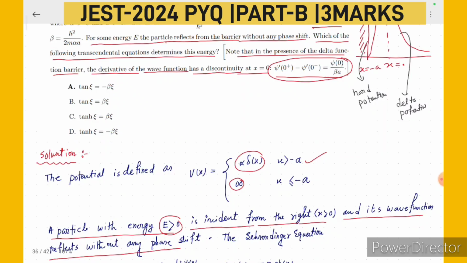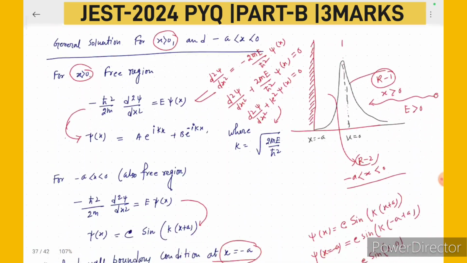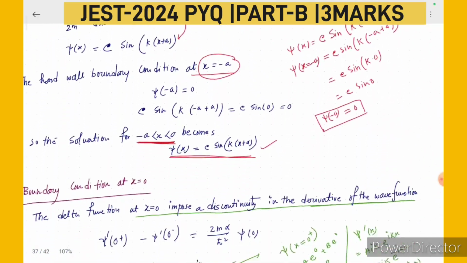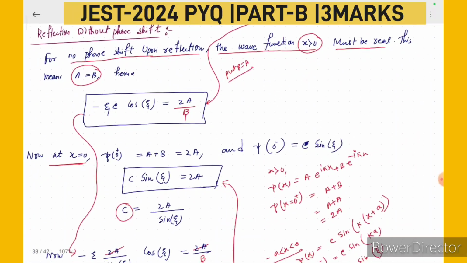We use these two boundary conditions and finally find the solution. So please note down the question in a proper way. Each and every solution is very important for your exam, and please understand each and every concept properly. If anyone has any doubt, I will definitely explain how to understand this type of question.